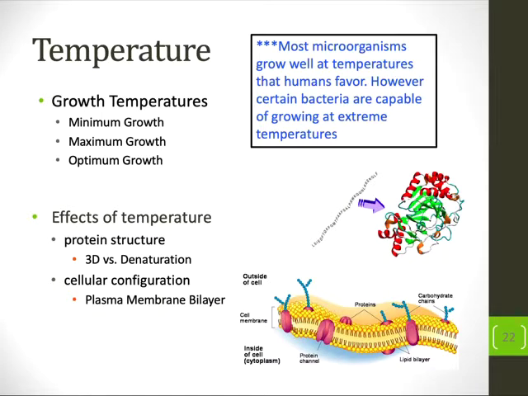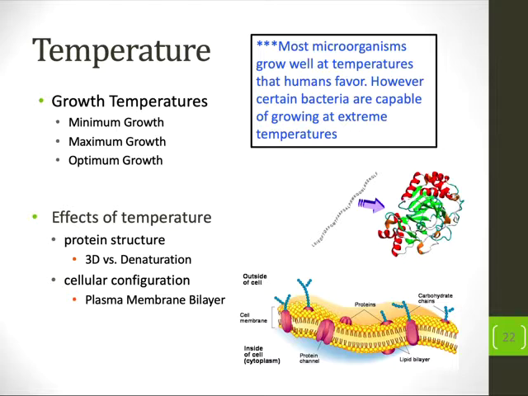For temperature, you have an optimum temperature. That is the best temperature at which they will grow. And for most microbes, it's around 37 degrees Celsius. There is a minimum growth temperature and there is a maximum growth temperature as well.